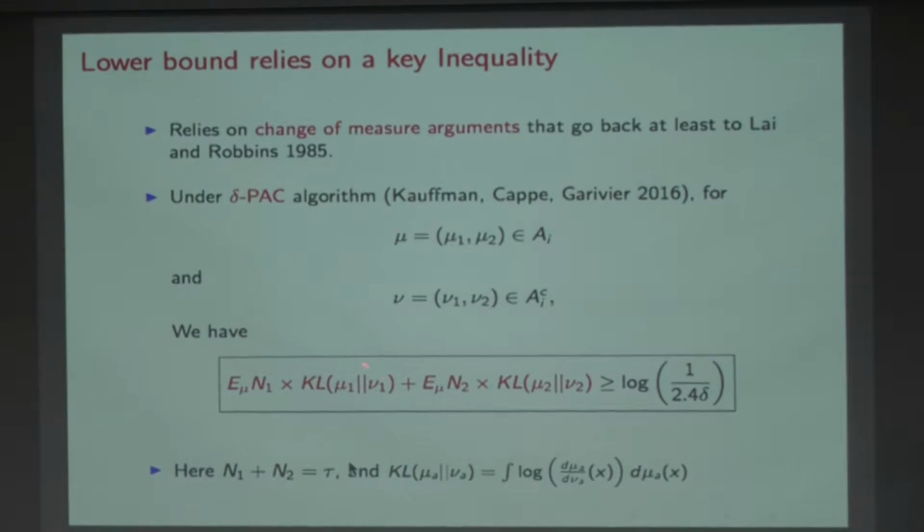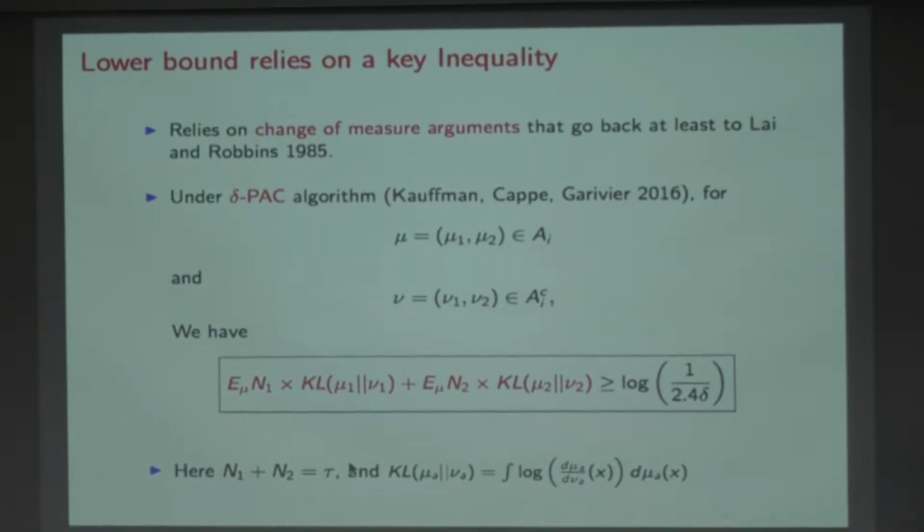So if these two are very close, I need a lot of samples to separate them. But the sum must be greater than or equal to this if I have a delta PAC algorithm. So it's an extremely elegant way of getting this lower bound on the effort required on each arm if it has to be separated from distribution nu, which belongs to another partition.